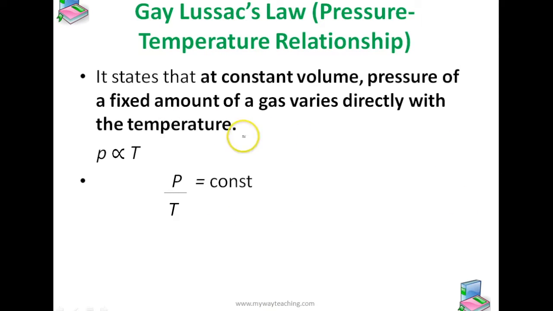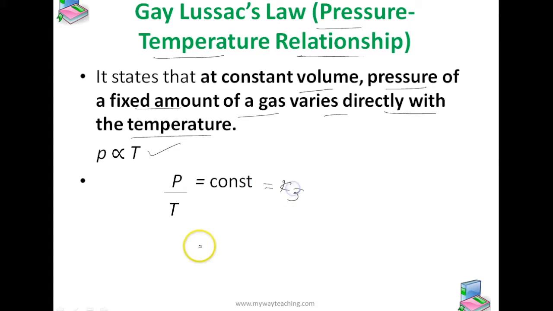Next concept is the Gay-Lussac pressure-temperature relationship. It states that at constant volume, the pressure of a fixed amount of a gas varies directly with the temperature. Here pressure is directly proportional to temperature: P by T is equal to a constant, K3.